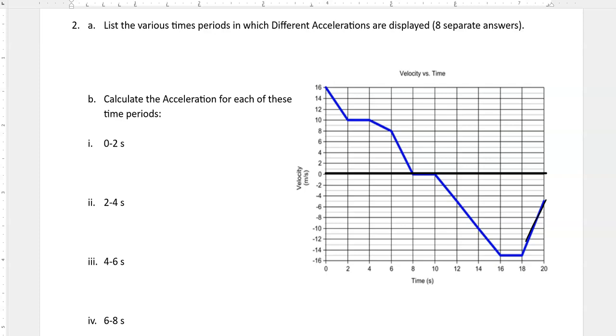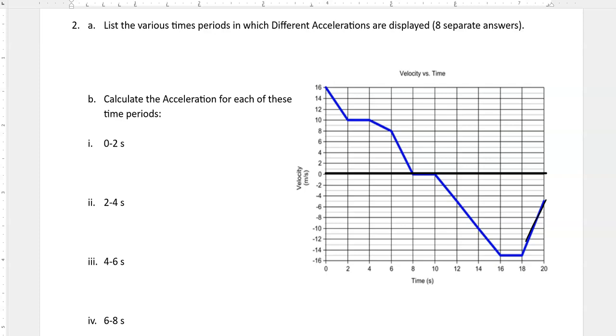Well, that question is really just asking you which time periods have different slopes. And you can see from 0 to 2, there's a negative slope. From 2 to 4 seconds, the slope is now flat. It's a slope of 0. From 4 to 6, it's a negative slope again. From 6 to 8, it's a steeper negative slope.